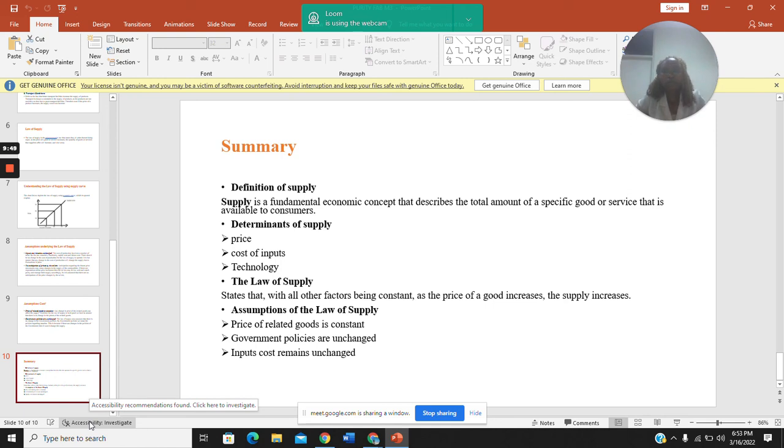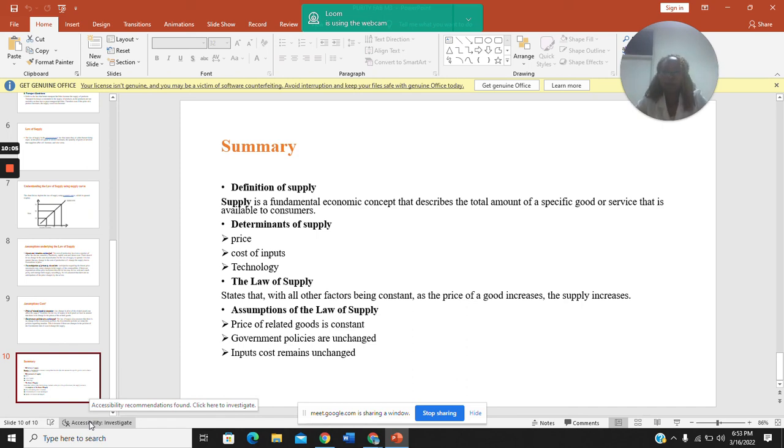We have talked of cost of inputs, whereby we have said that when the cost of inputs increases, the supplier or the producer will produce less and also offer less to the consumers.